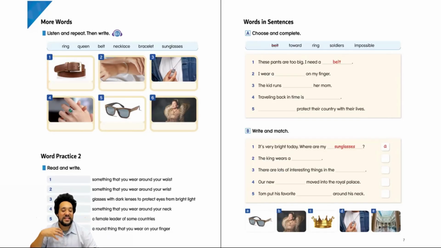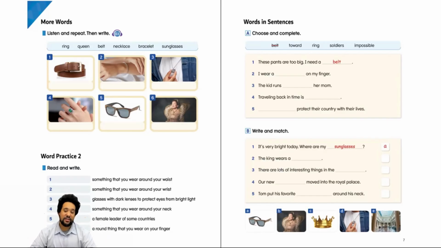So these accessories can help us. Now, what about sunglasses? Sunglasses are an accessory, but they have a very useful purpose. That's right, they protect our eyes from the sun. Very good. All right. Now let's move on to our words in sentences section.